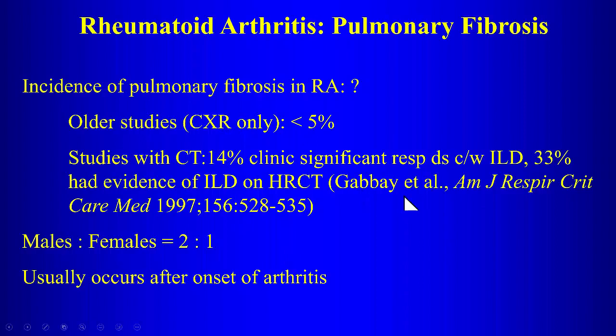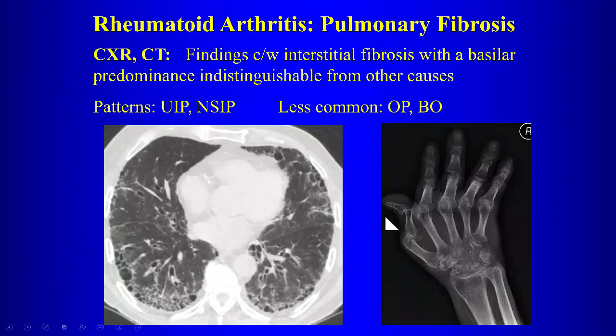Again, it's going to be more common in males. And again, the arthritis is usually well established. It can give you a UIP pattern, so it looks just like idiopathic pulmonary fibrosis. So we have peripheral subpleural honeycombing, these interstitial opacities. It might look like UIP in most cases.